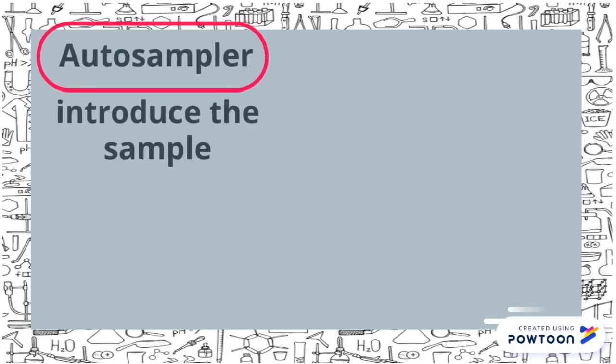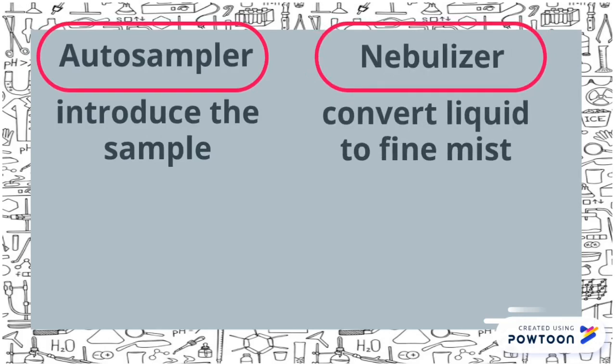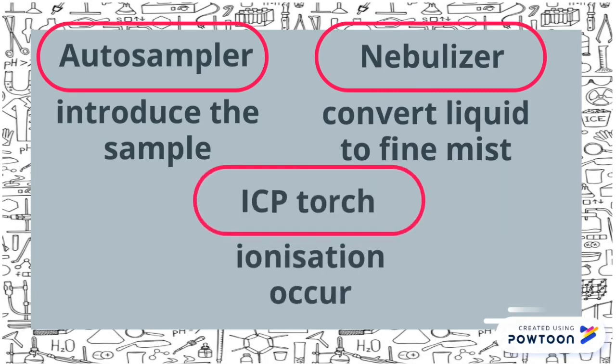So, this is the function of each part in this ICP-OES. Autosampler is to introduce the sample, nebulizer is to convert liquid to fine mist, and in the ICP torch ionization occurs.